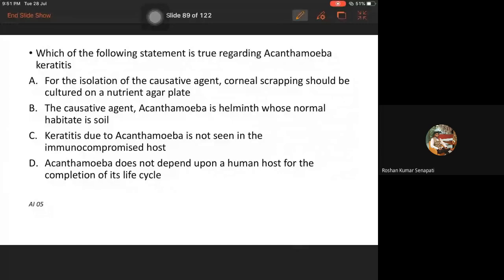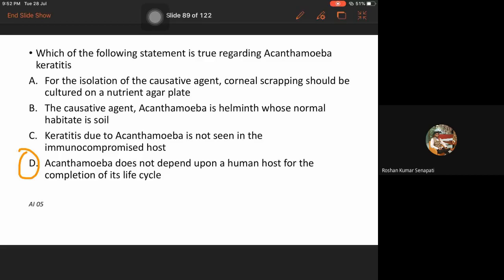Fourth option, Acanthamoeba does not depend on a human host for the completion of its life cycle. What is the right answer? Just now we discussed, the option is D. Okay? Any doubts? No, sir. Okay.